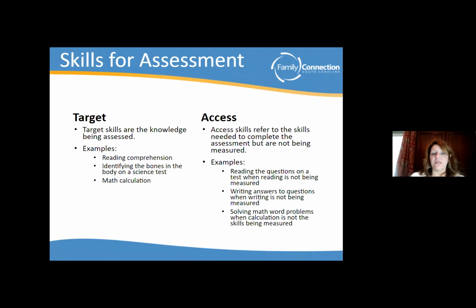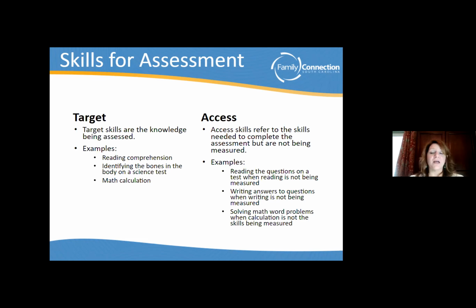Examples are reading comprehension or math calculation, any of those academic skills, or on a science test, our example here is identifying the bones in the body. And then secondarily, access. Access skills refer to the skills needed to complete the assessment, but are not being measured. So reading questions on a test when reading's not being measured could be a possible accommodation.